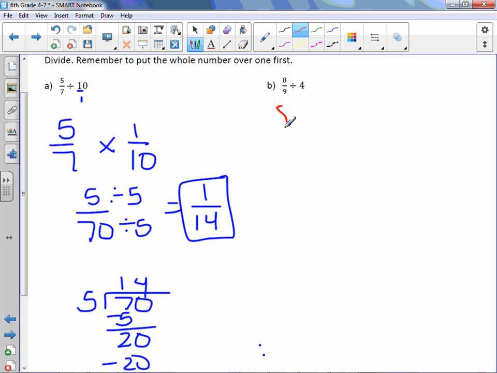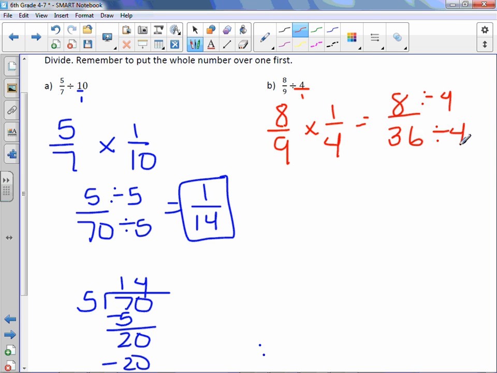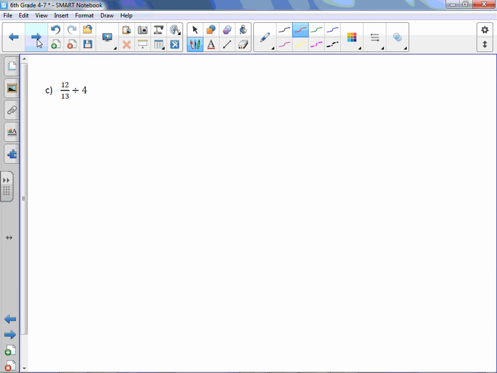Letter B, put your 4 over 1. I will not divide. I will multiply by the reciprocal. We get 8 over 36, which can be divided by 4, and we get 2/9. Letter C, put it over 1.